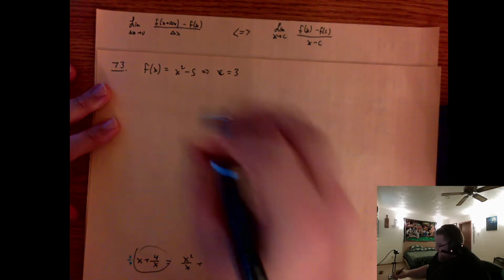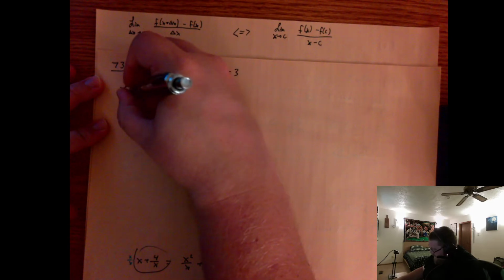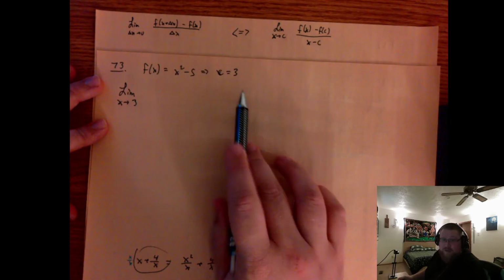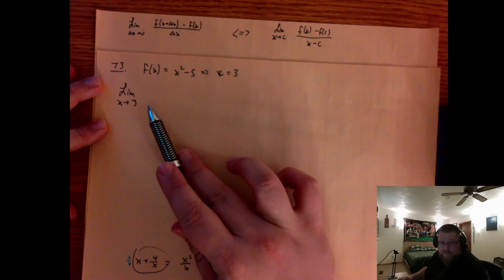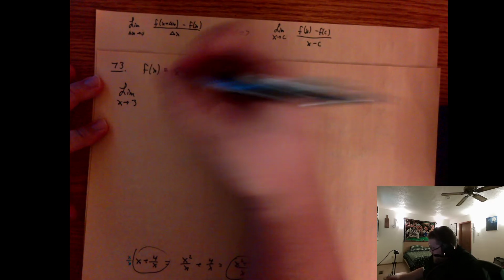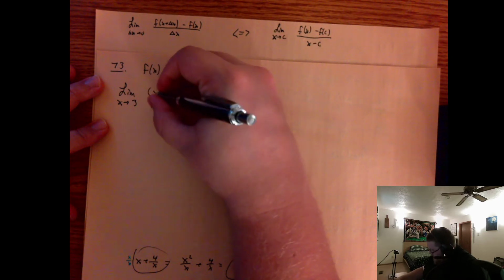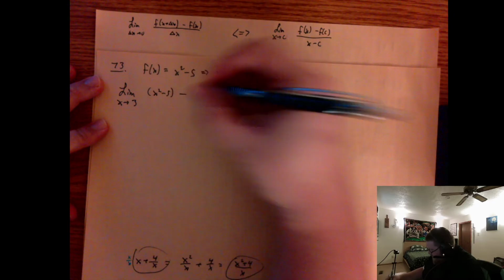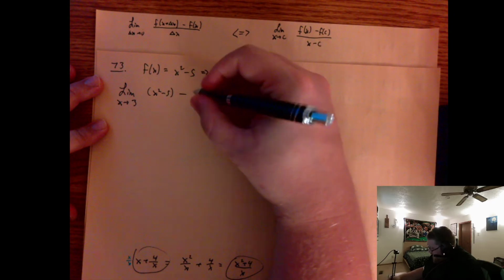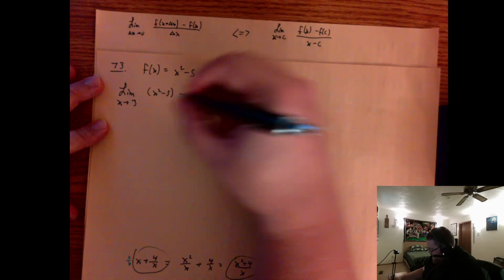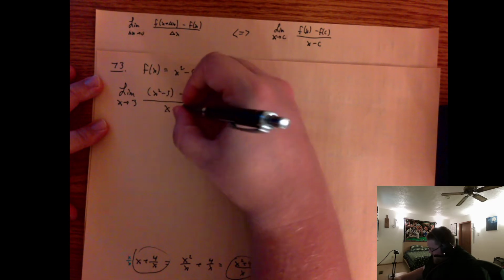So let's take a look at this limit. We're going to do the limit as x approaches 3, because remember, we go to the number that we are approaching, which is 3. We need to do f of x, which is x squared minus 5, minus f of c, which would be 3 squared minus 5, all over x minus 3.